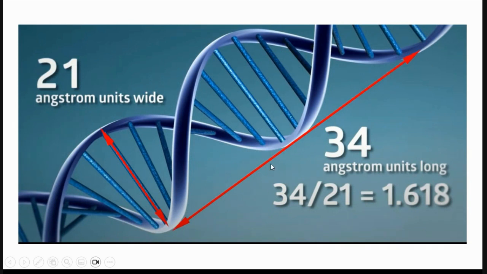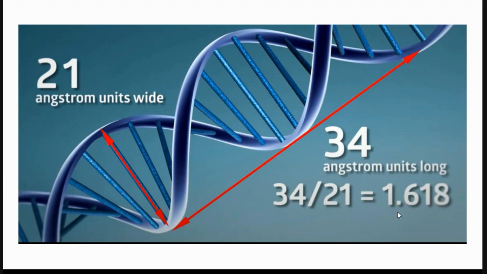And if you take that length and divide it by that height, it's 1.618. It's built into our very DNA, this Fibonacci sequence, this ratio that's derived from that sequence is built into our very DNA. So no wonder it occurs in nature. It's part of everything. It's found all over the place.